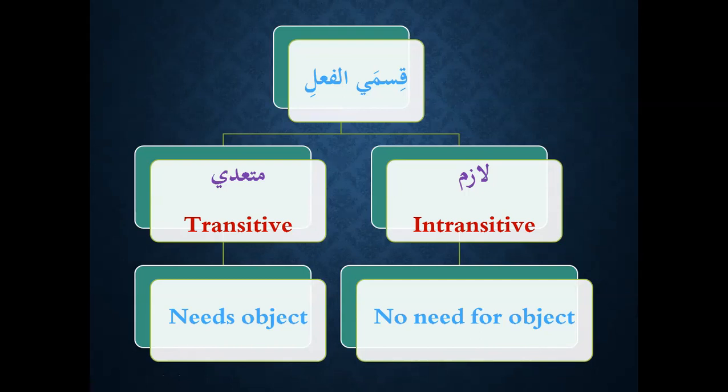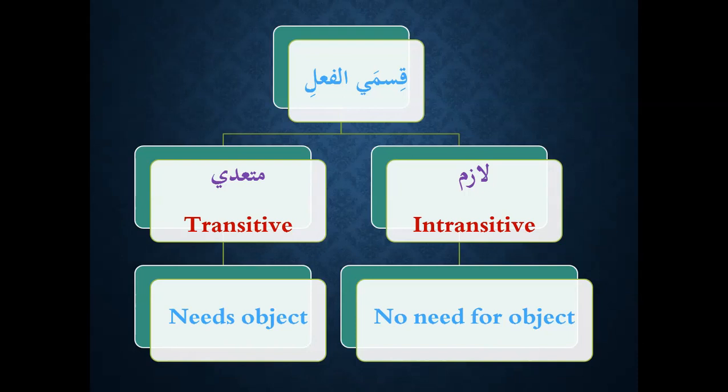And likewise, they ate. No, they ate is wrong, sorry. They looked. No, look wouldn't work as well. So how do you know which one is transitive, which one is intransitive? Simple.